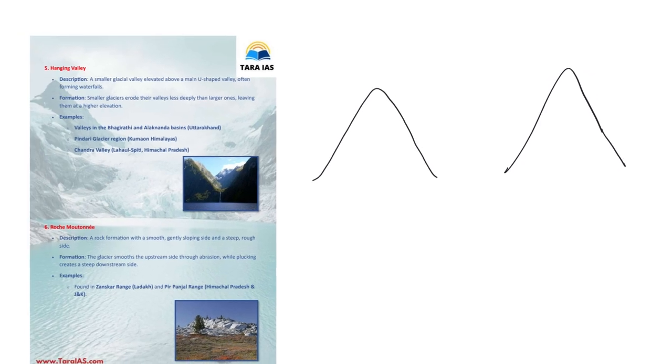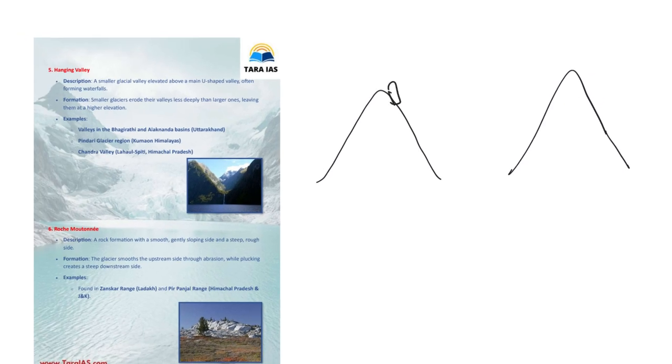So what is happening, here you have a glacier. Fine, it is moving down, something like this. Once it reaches the ground, erosion is happening here too, and since it is in accumulated ice form, a U-shaped valley is forming.